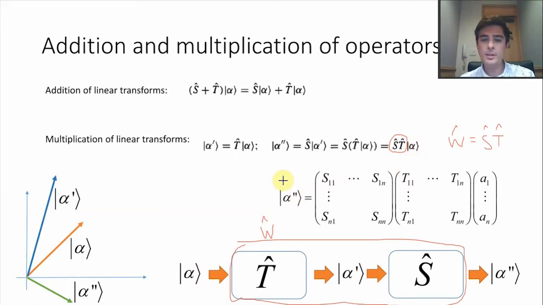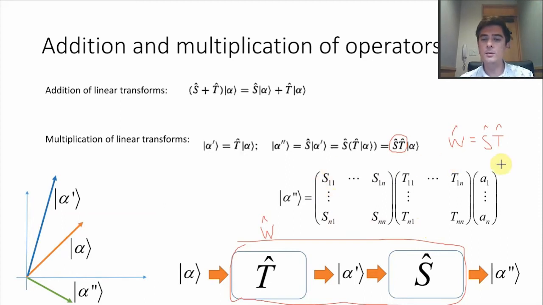The matrix notation looks a lot like the operator notation. Essentially, we're taking this initial vector, the components of alpha, then multiplying it by the operator T, where you do the matrix multiplication and we get a new vector, and then the output of that is applied to this operator S, which is also another matrix multiplication.